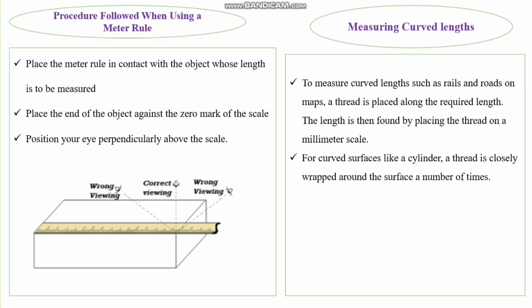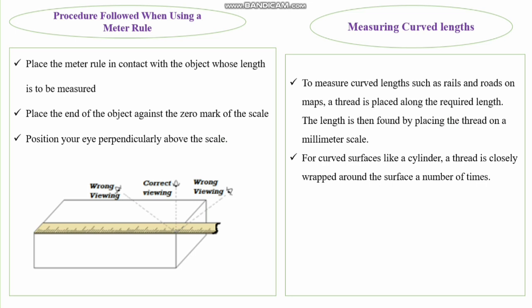So that reading you make is the circumference of that object, or the distance of the curved object. So for curved objects like a cylinder, a thread is closely wrapped around the surface a number of times. You can choose how many, keeping in mind that one turn is equal to the circumference.